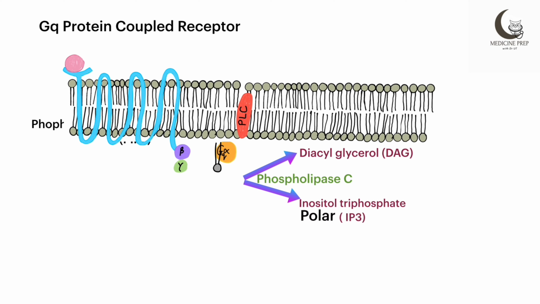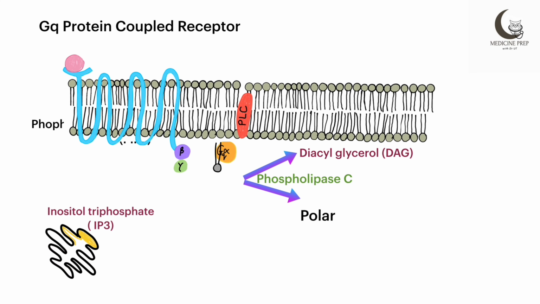Both of them will act as second messengers in the cell. Inositol triphosphate is a water-soluble sugar phosphate that can move freely through the cytoplasm. It will bind to the receptors on the smooth endoplasmic reticulum and open the calcium channels.